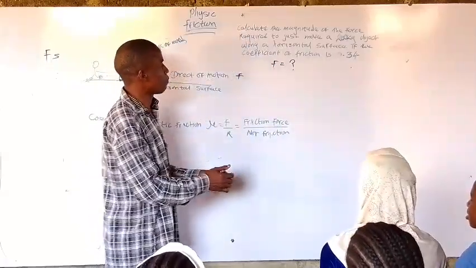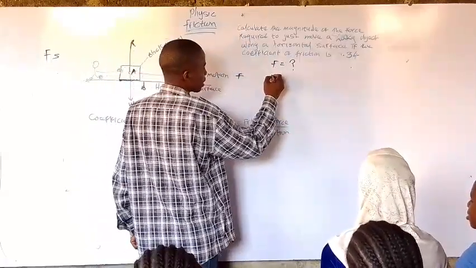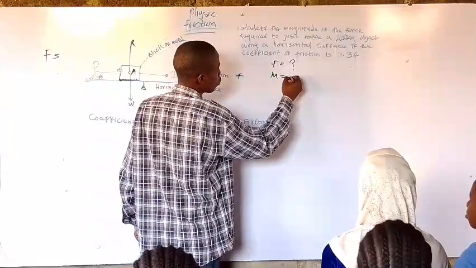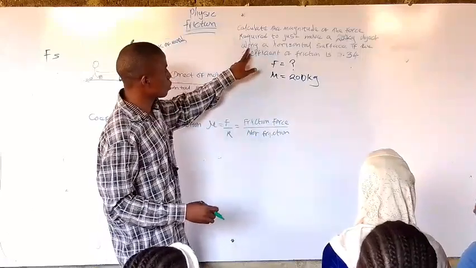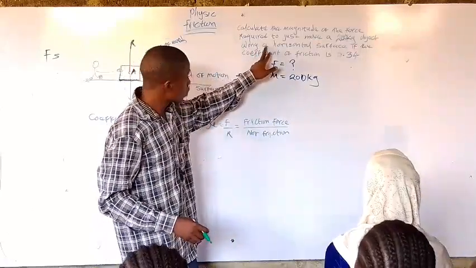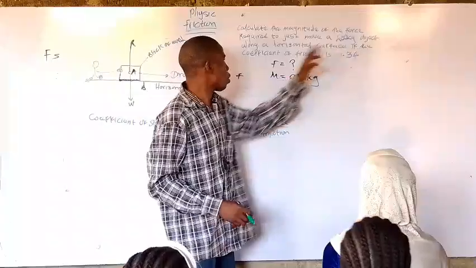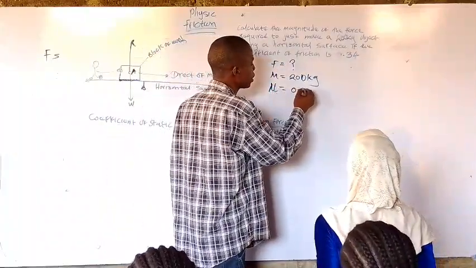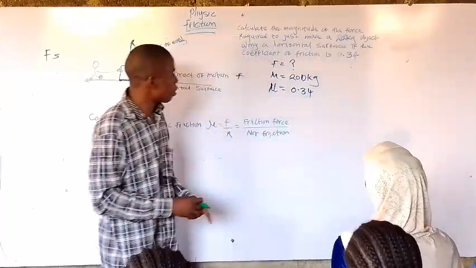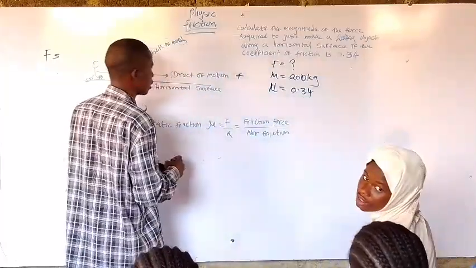Now we have the mass. They give us the mass. Mass is equal to what? 200 kg. Now the horizontal surface, the coefficient, they give us the coefficient equal to 0.34. Now we lack something.